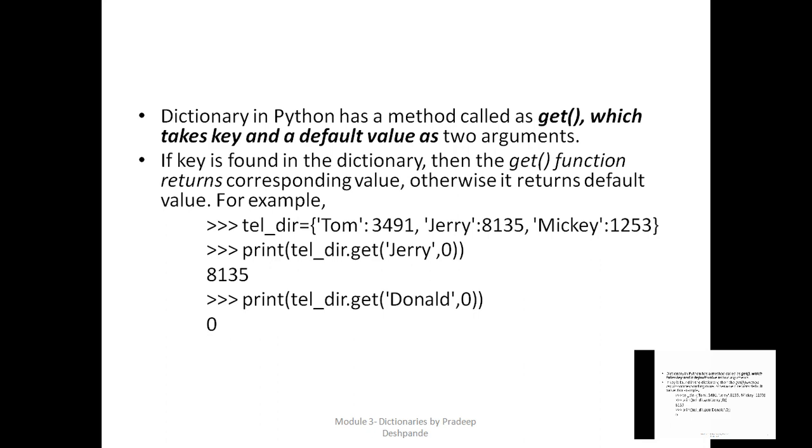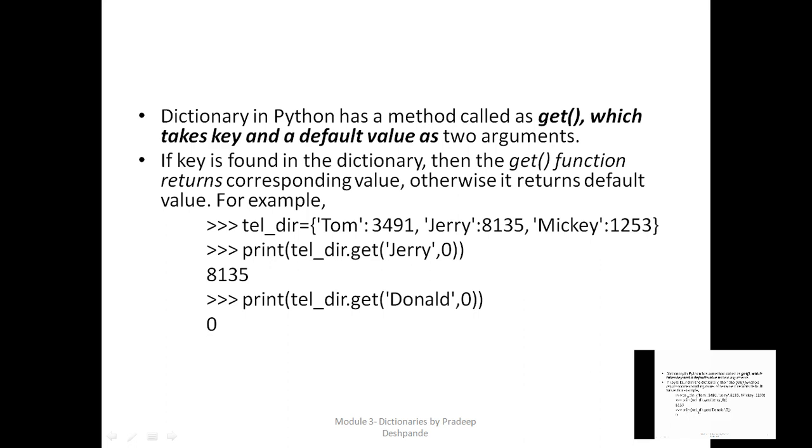For example, here we have a telephone directory as a dictionary: Tom 3491, Jerry 8135, Mickey 1253. These are the 3 elements available in the dictionary. If you print telephone directory.get Jerry, 0, since Jerry is available in the dictionary, it will return its value, that is 8135.